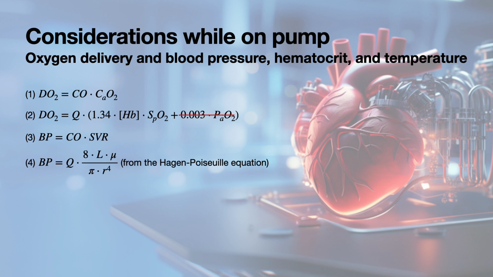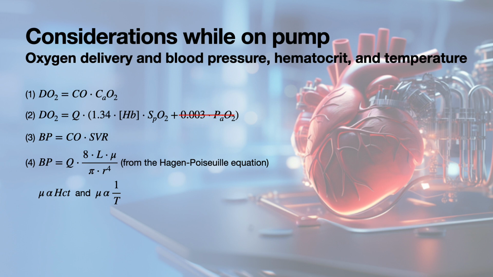The pi r term in the denominator refers to the cross-sectional area across which the flow occurs and essentially represents a combination of the cross-sectional area of all the pump tubing through which the blood is being pumped, that is fixed, and the vascular tone of the patient, which you can manipulate with vasoconstrictors and vasodilators. L is the length through which the flow occurs and will be fixed for any given patient-pump combination.